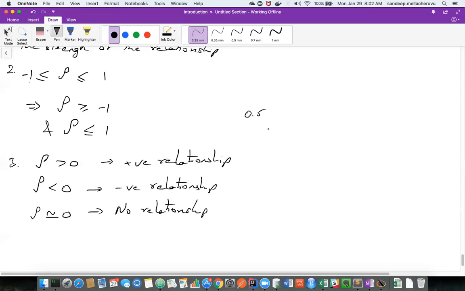Anything less than this number, interpret as no relationship. But this is more like a rule of thumb that I am giving. I think that part I made it clear. I cannot say in some cases even this is a positive relationship. I don't know. Always go to your scatter plot and this number, then interpret.